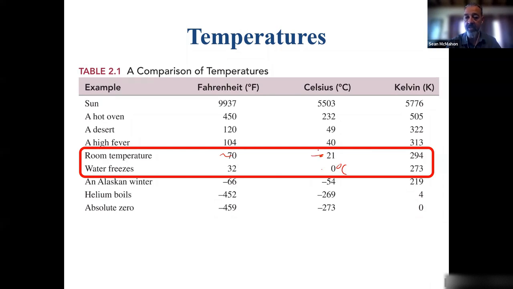And you're talking about 20 to 25 degrees Celsius for room temp. And then we have the Kelvin scale. So remember, we're adding 273 to our Celsius to get the Kelvin. All right, so 0 Kelvin, negative 273.